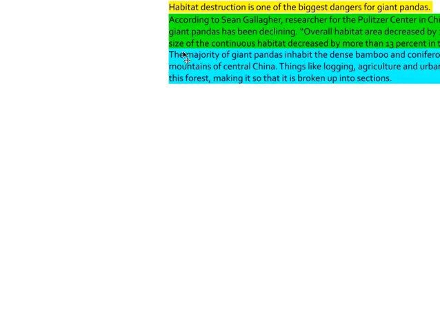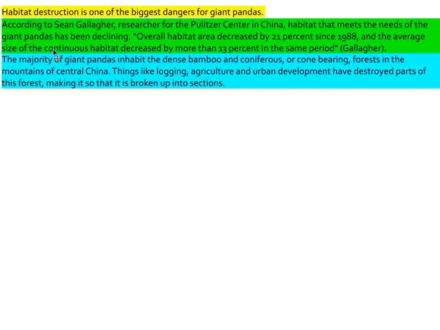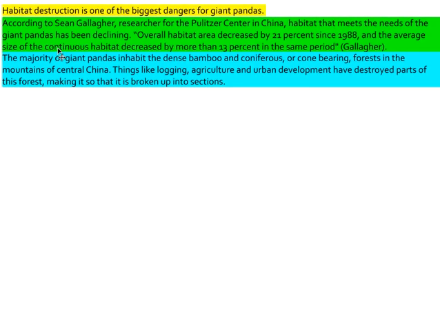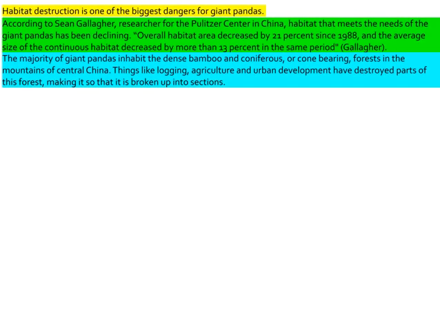So I'm going to start with my first paragraph, and my first paragraph starts with my claim. Habitat destruction is one of the biggest dangers for giant pandas. So I'm going to start with one of my studies and statistics that I found, and this was from Sean Gallagher, researcher for the Pulitzer Center in China, and I had to go back to the article to look at who Sean Gallagher was, so that's something you might need to do.